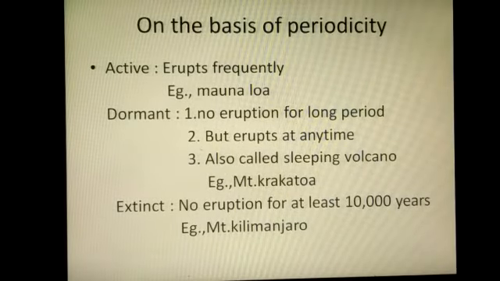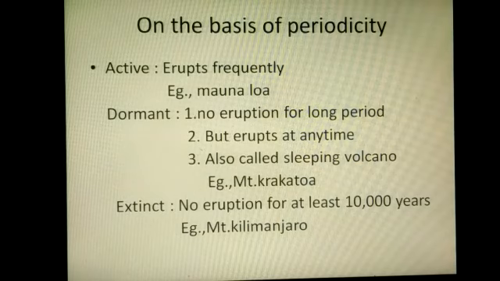And next, see the basis of periodicity. Active volcano. Active volcanoes erupt frequently, and most of the active volcanoes lie in the Pacific Ring of Fire. There are about 600 active volcanoes in the world. Mauna Loa in Hawaii is the world's biggest active volcano.